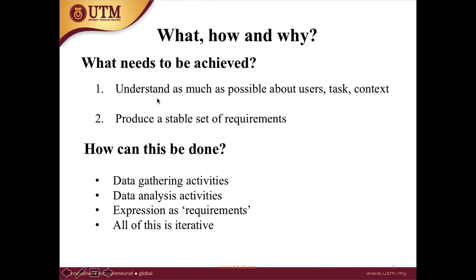In order to develop your prototype, system or user interactions, you have to understand as much as possible about the user, their tasks, behavior and context, and you're going to produce a stable set of requirements. This is what you're going to achieve in this part of the activities.